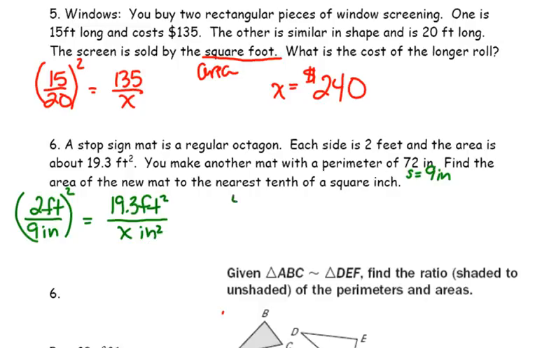So what happens is, I get 4 feet squared is proportional to 81 inches squared. And then I have my other side of the proportion, which is 19.3 feet squared, and we want to know how many square inches the other mat will be. We can simply cross multiply this and solve, and when we solve it, our answer is going to be in square inches.